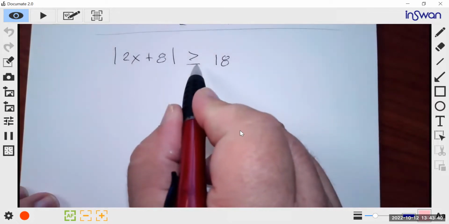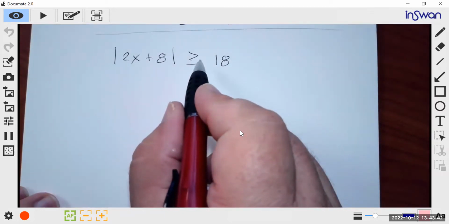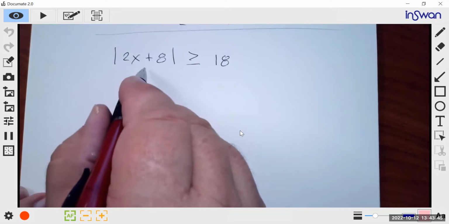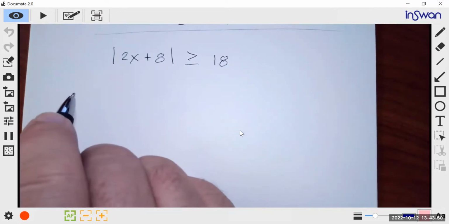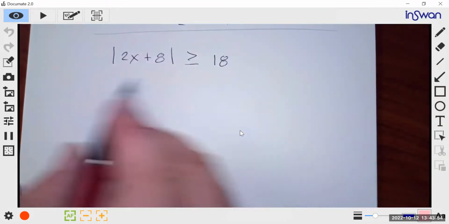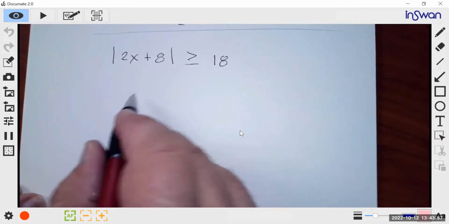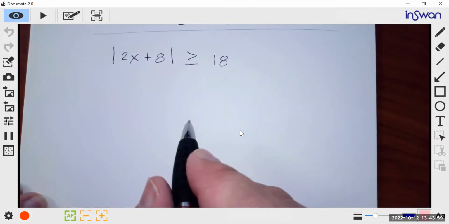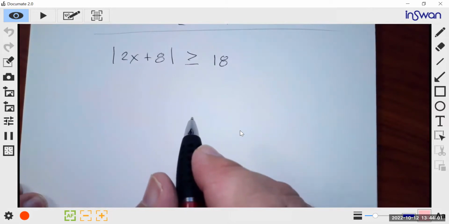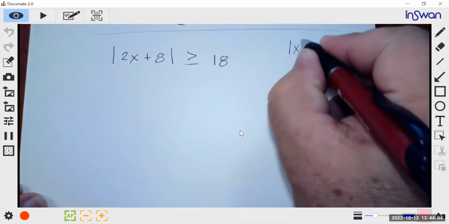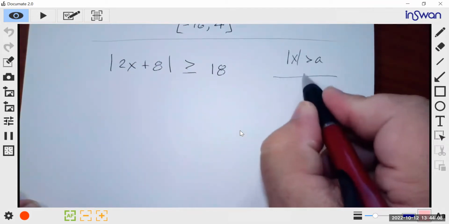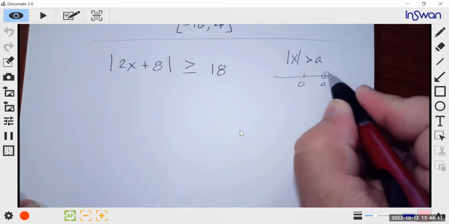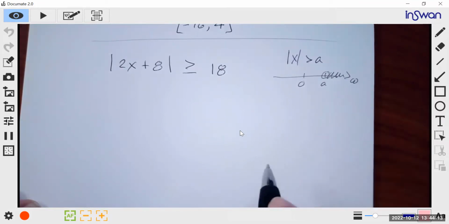All right, now it's greater than. So when I drop the absolute value, what happens to it? What's it going to look like? But now how is it going to be situated? Yes, it's always going to be positive and negative, but is it going to be negative 18 less than or equal to? Negative 18 is greater than. Remember our equation. If it's greater than, that means it has to go away from it.